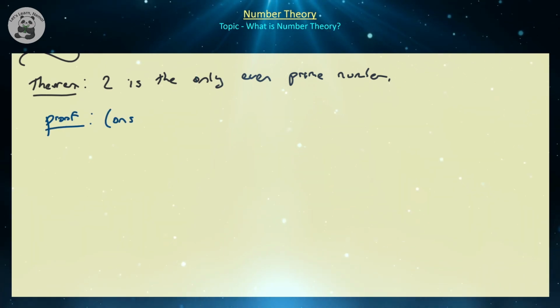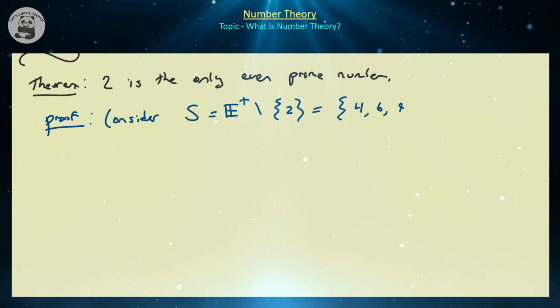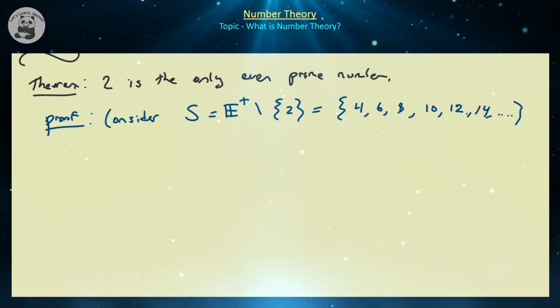So let us consider, first off, the set S, which is going to be defined to be the positive even integers except for 2, which is going to be the numbers 4, 6, 8, 10, 12, 14, and so on. Right? So what is so special about this set S?